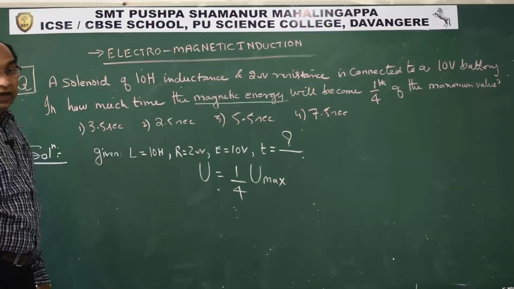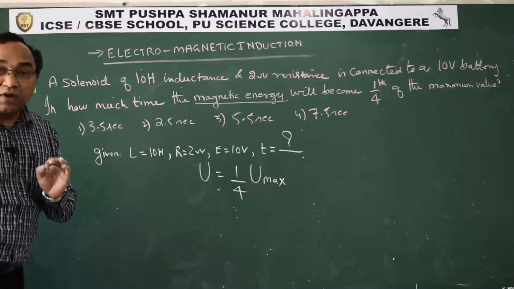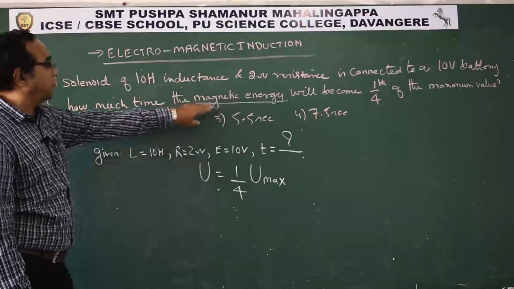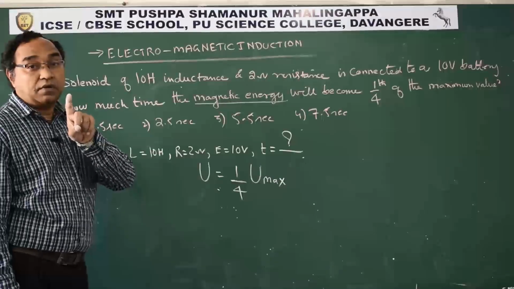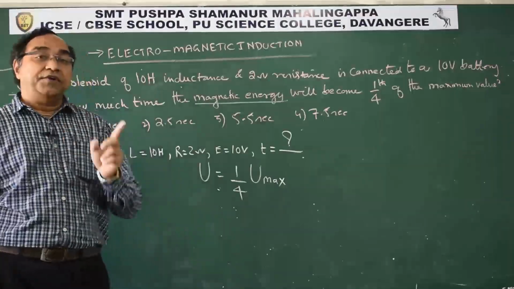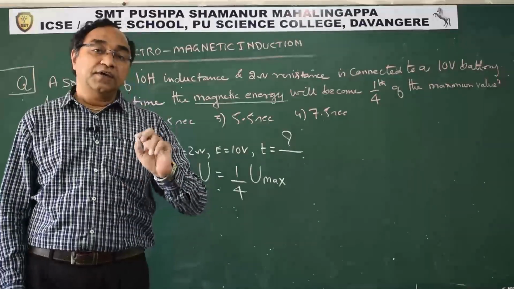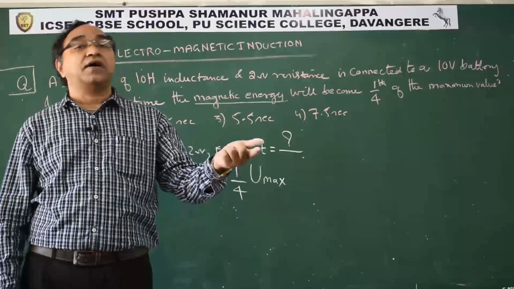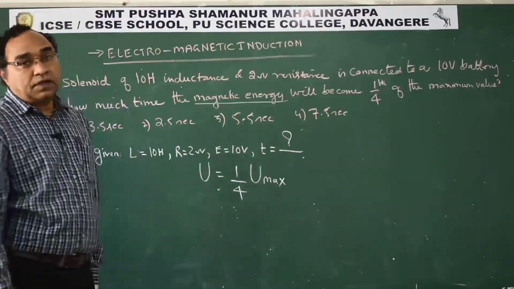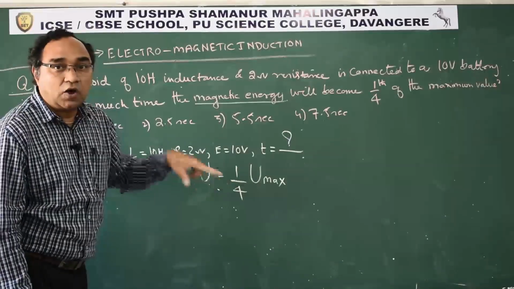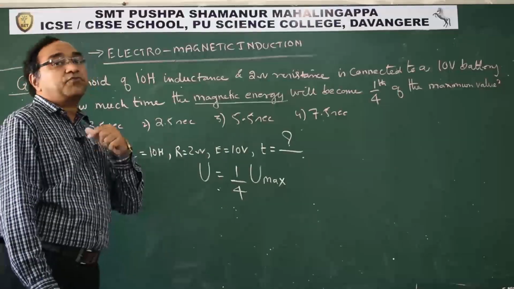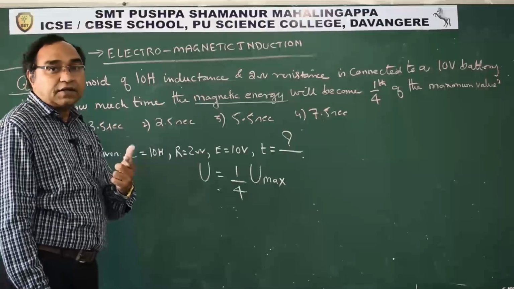So the question arises, how much is the energy that can be stored in a component in magnetic form? You have done this in capacitors, that energy in the electrical form is half CV square. Now energy in the magnetic form, we have seen that. How much is the total energy that can be stored in an inductor?